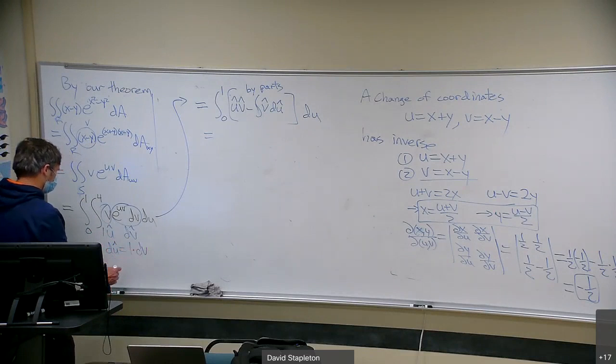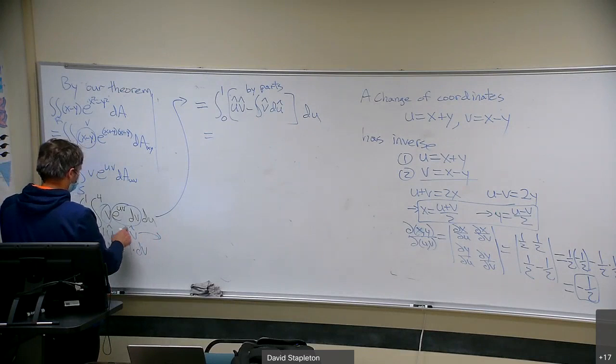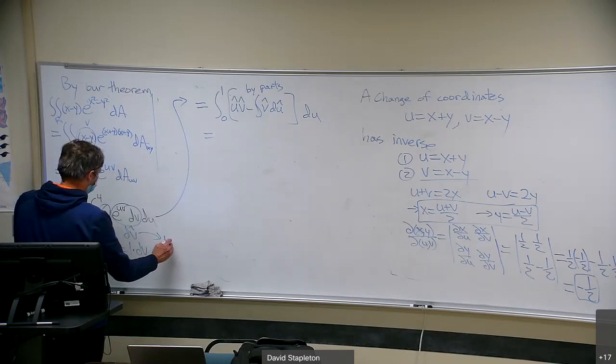dv. And if this is dv hat, then the integral of this is 1 over u e to the uv is v.